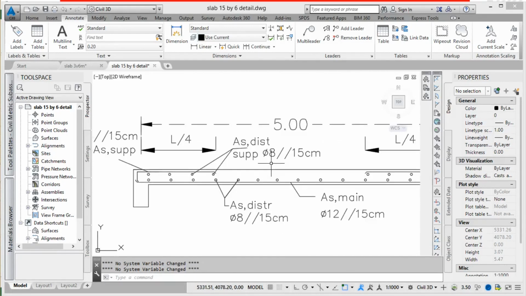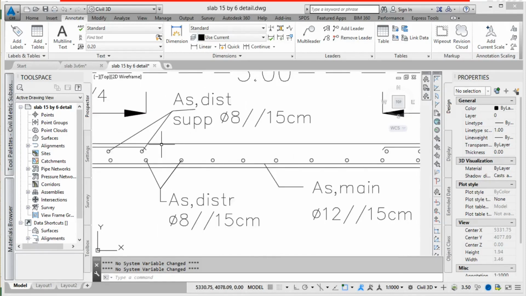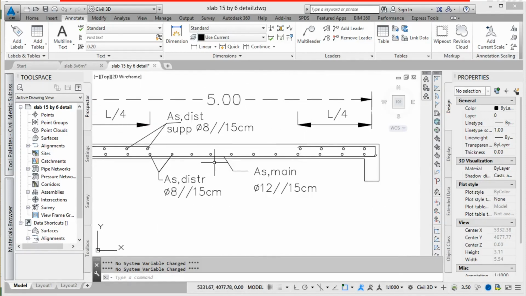We know that there are some softwares in the market that are going to continue this reinforcement here on the support, connect it to the other side, and bring the distribution bars here.